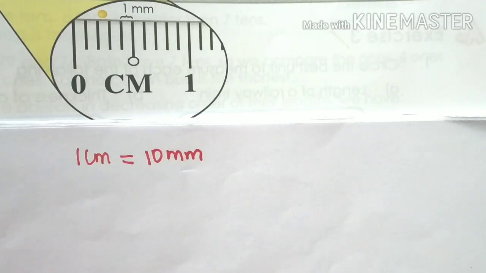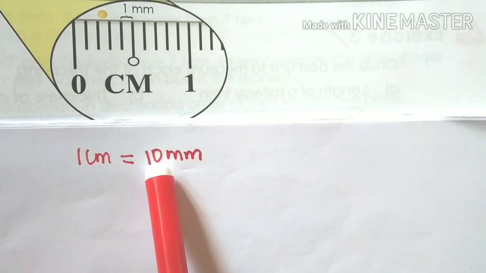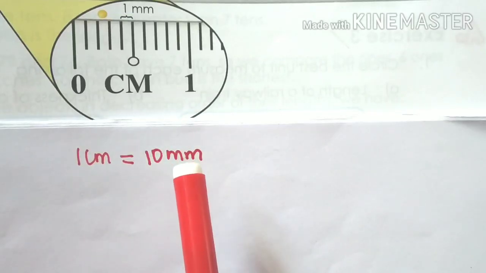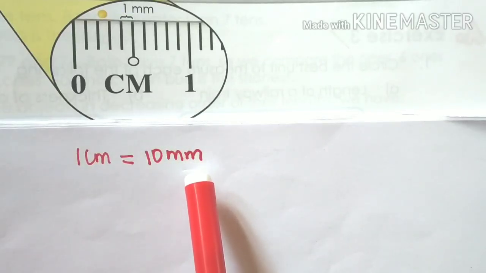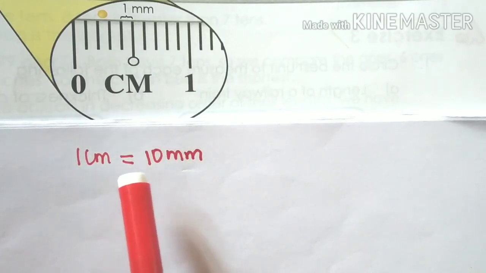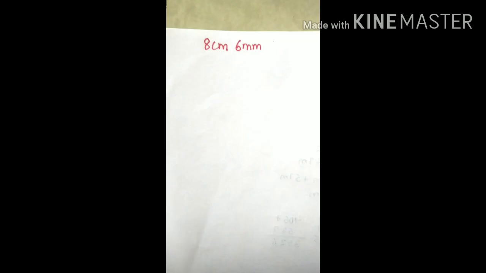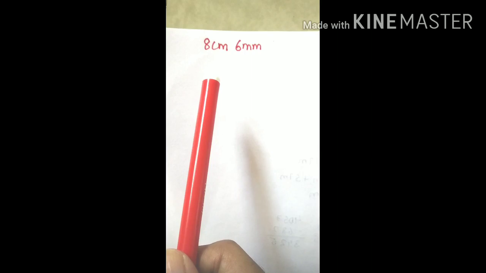And students, 1 centimeter is 10 times as long as 1 millimeter. So, we can say that 1 centimeter is equal to 10 millimeters. Now students, look at this example.